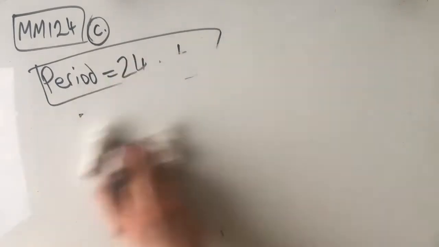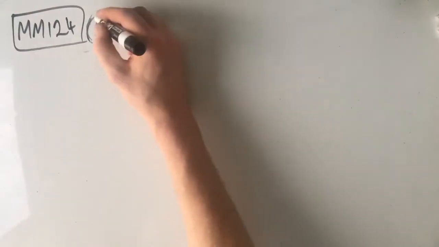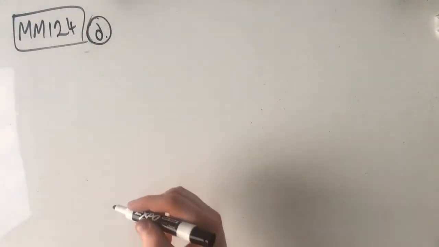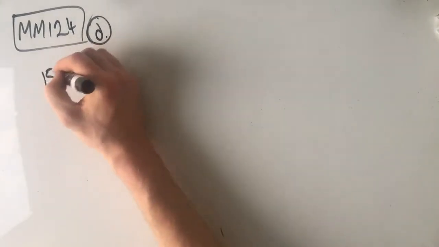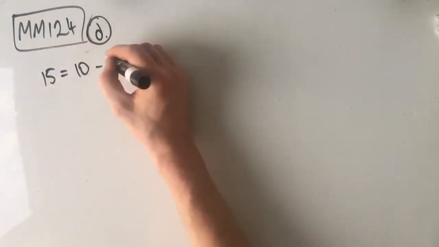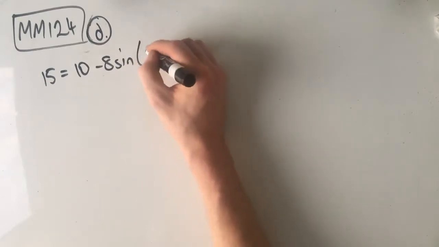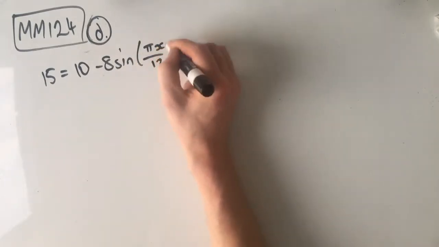For part D, we need to work out the first value of x for which h equals 15, giving your answer correct at 2 decimal places. So, part D, when the height equals 15, we can simply say 15 equals 10 minus 8 sine of pi x on 12.